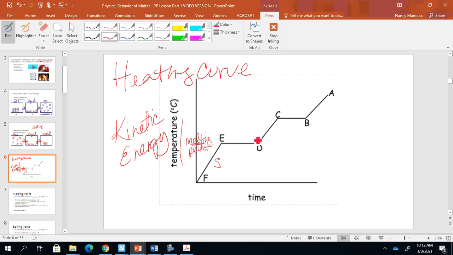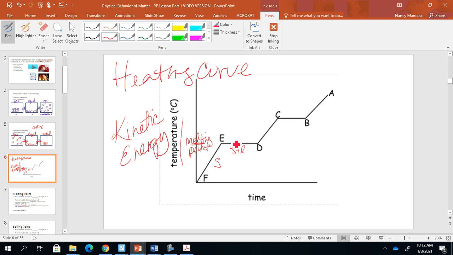And when it reaches the melting point, you have both a solid and a liquid until that melting point is done. And you will notice the kinetic energy changed. It increased as you went up from F to E. But as you went across E to D, it stayed exactly the same as it melted.